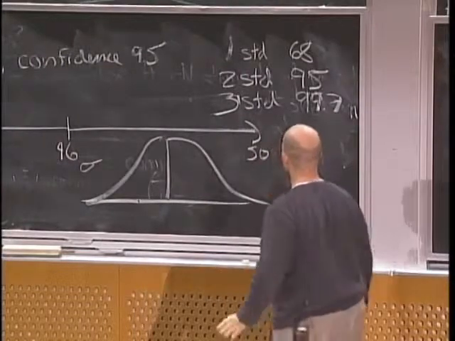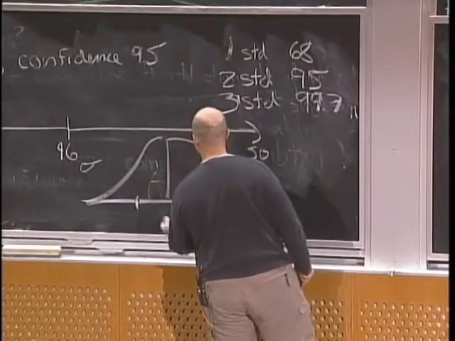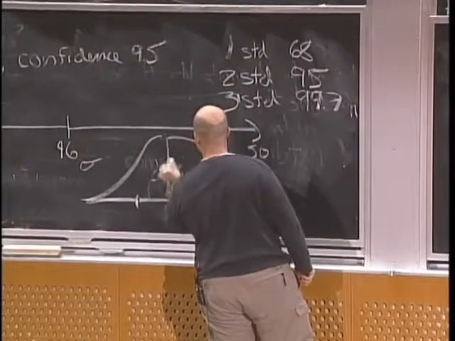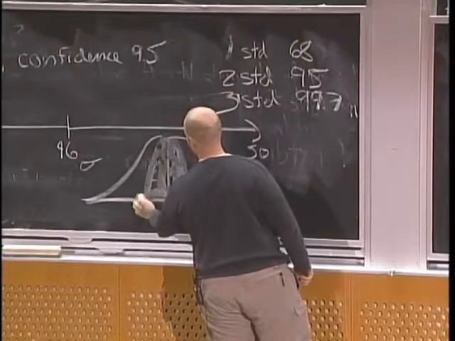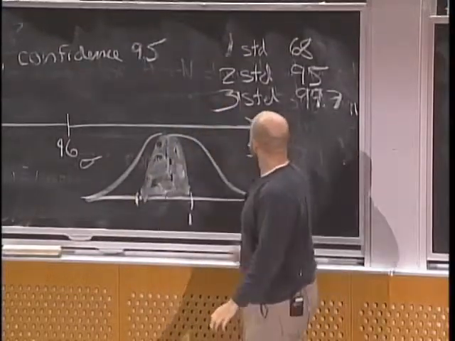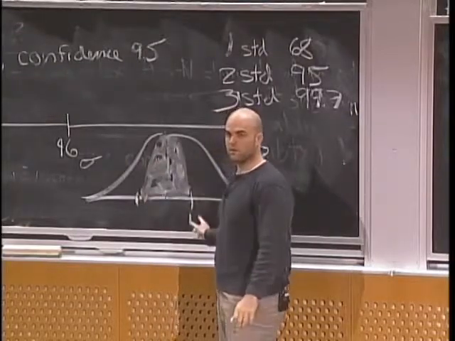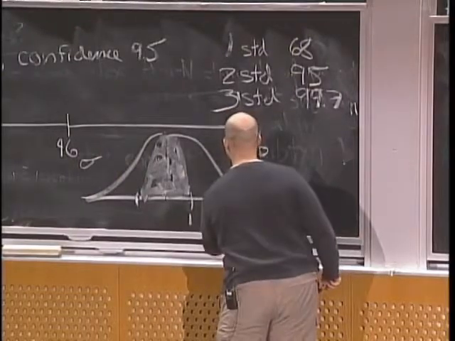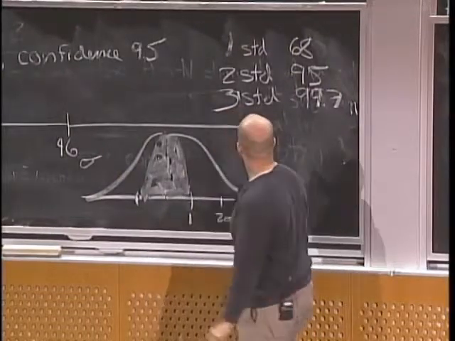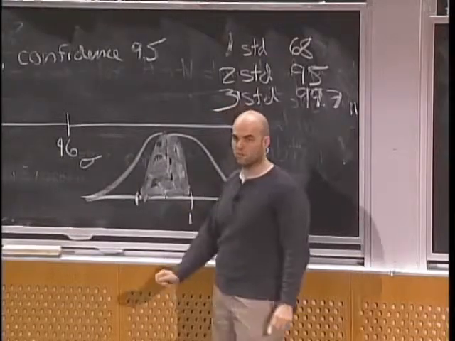So if this is 1 standard deviation, it's saying that 68 of the sample points are going to be within 1 standard deviation of this mean. And if you have 2 sigma, then 95 are going to be within 2 sigma of the mean.